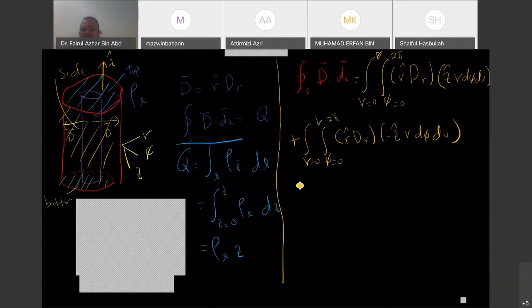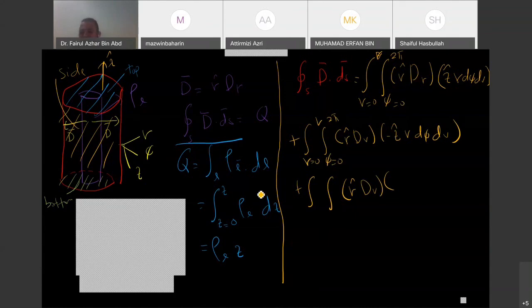And then we need to consider the side surface as well. On the side surface, we also perform a double integration. The expression for the electric flux density is equal to D_r r cap, and on the side surface the direction of dS will be in the r cap direction.